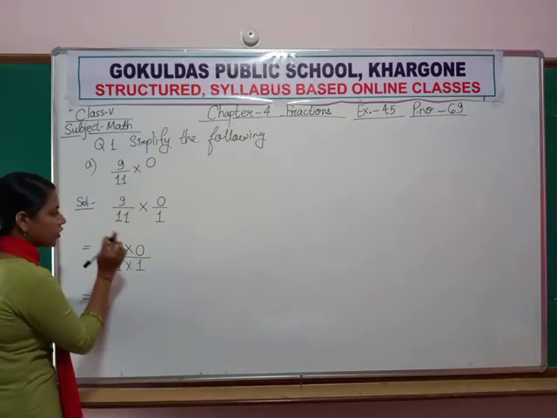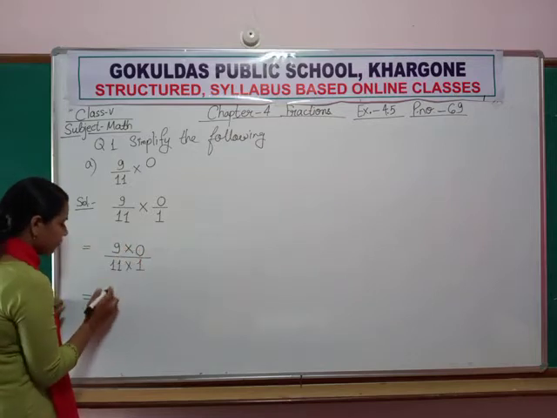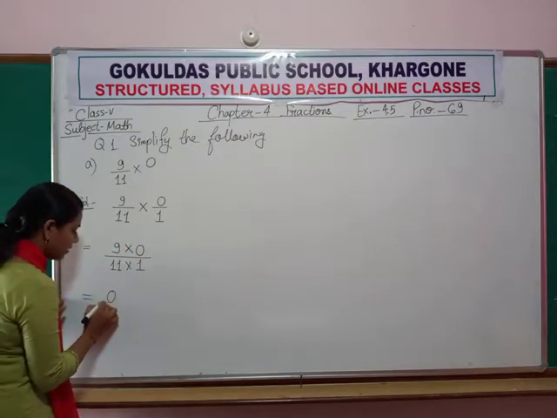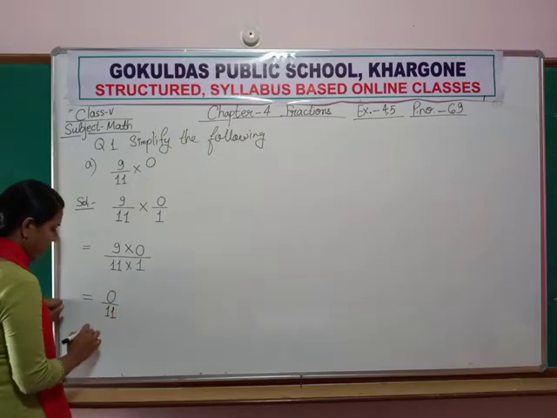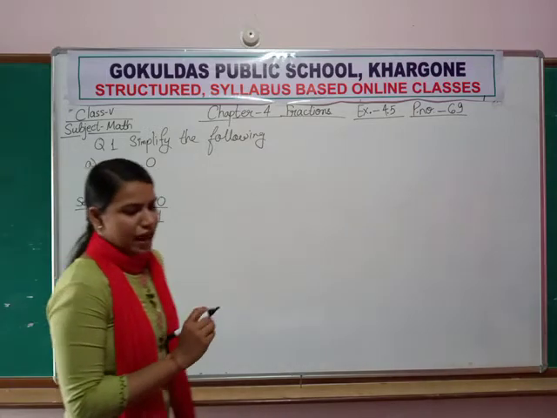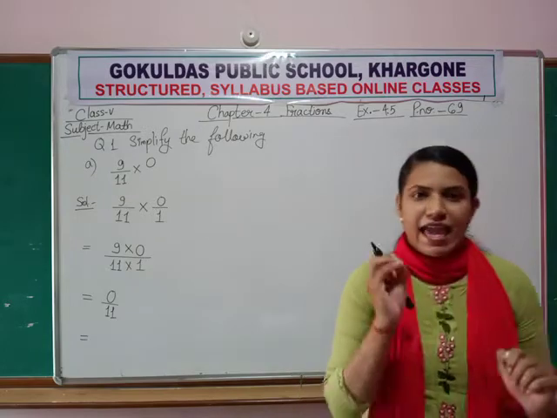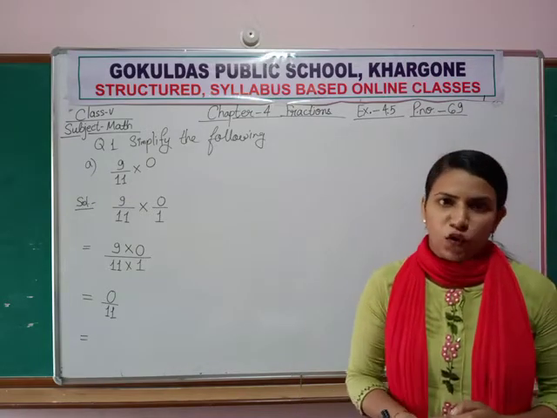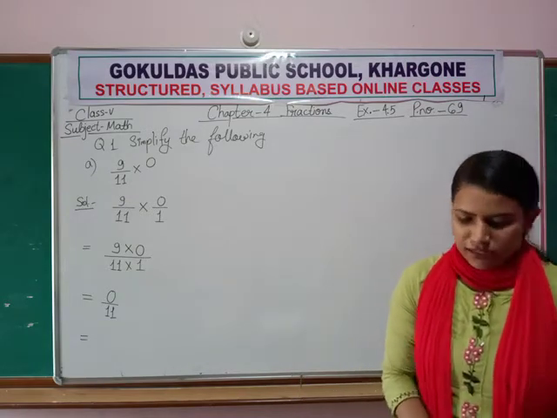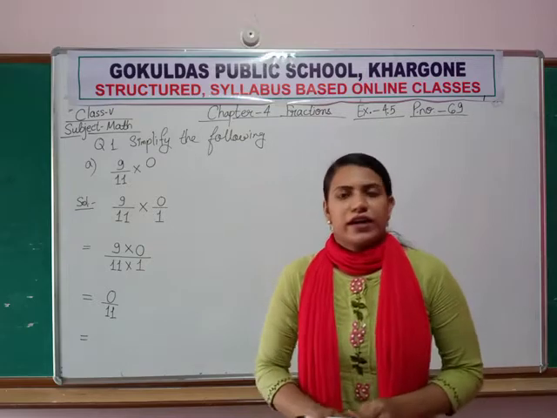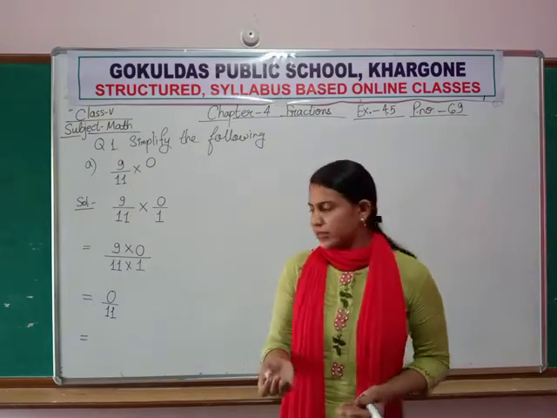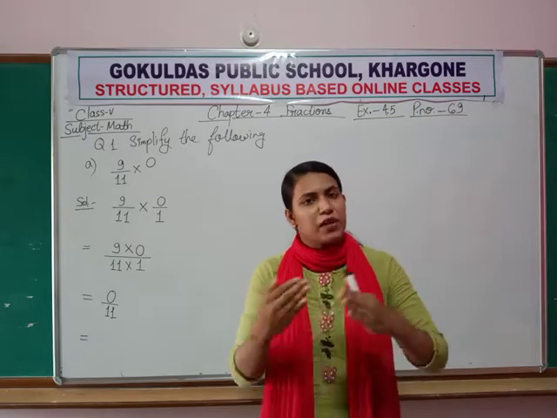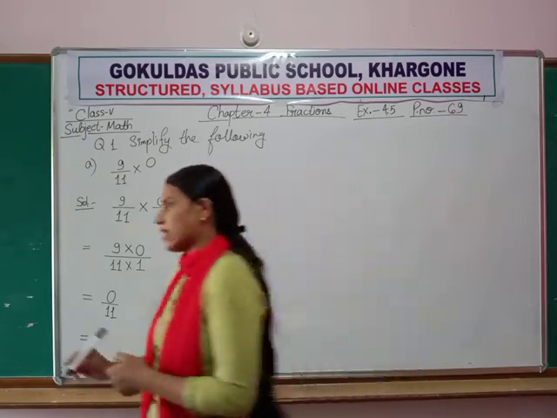Now 9 into 0, any number multiplied with 0 gives you 0 as result, upon 11 into 1 is 11. Now remember two things. Any fraction multiplied by 0 gives you 0 as result, or I can say that 0 divided by any number gives 0 as result.